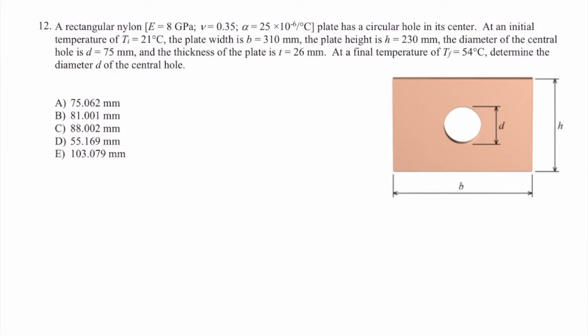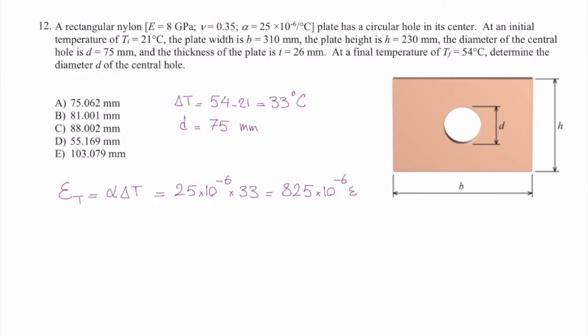All right. Let me write down the information we have. Delta T is 54 minus 21, which is 33, okay? The initial diameter is 75, and I need to determine how much is thermal strain. The thermal strain is alpha delta T, which is, okay, so this is thermal strain. How much is the change in the diameter?